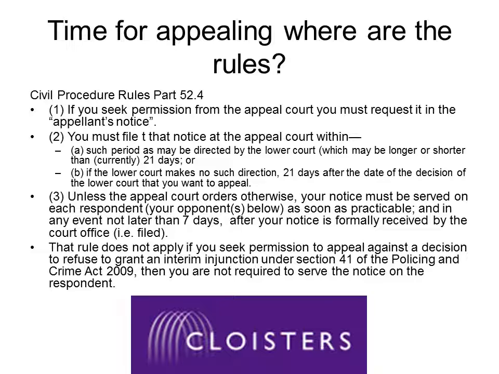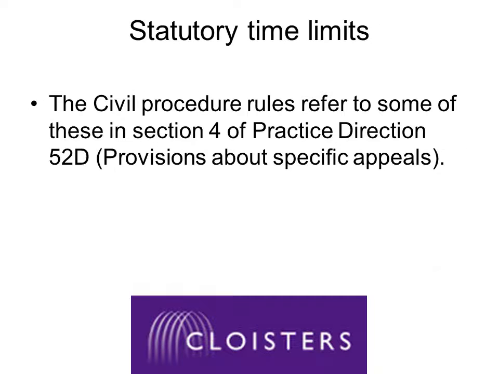That rule doesn't apply if you're seeking permission to appeal against an interim injunction refusal under Section 41 of the Police and Crime Act 2009. Look at the statutory time limits that are referred to in Section 4 of Practice Direction 52D, which deals with specific types of appeal.